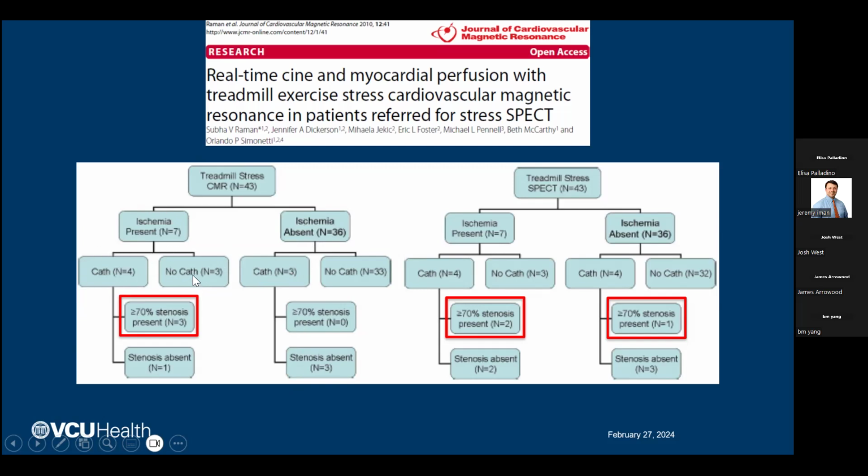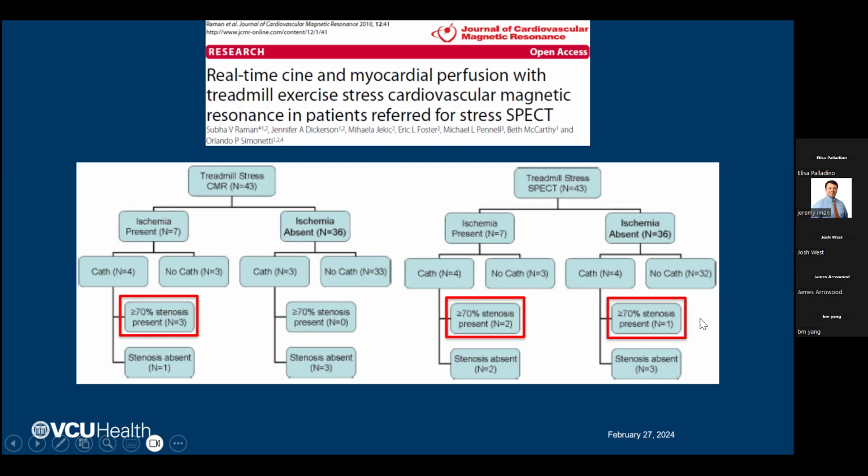I'm not quite sure why these 3 did not, but of the 4 who went for cath, 3 out of 4 were found to have greater than 70% stenosis. Comparing this to the SPECT cohort, I think probably the scariest one is to follow it down along the ischemia absent line, and you see that 4 of those individuals went for cath, and they missed one.